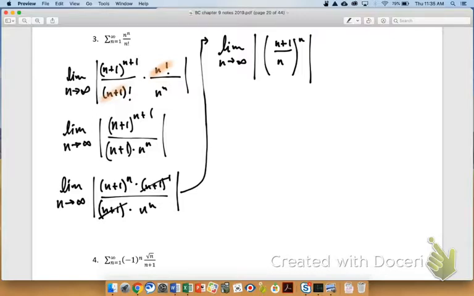You end up with some pretty crazy stuff trying to do the derivative of n to the n or n factorial. Some of the functions that end up coming up actually have names like the zeta function, the beta function, the gamma function. They're cool, but beyond the scope of our class for sure.